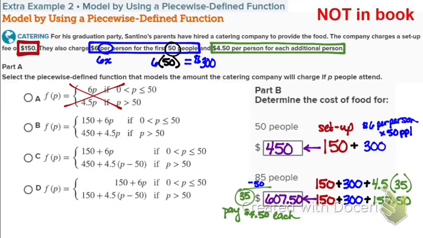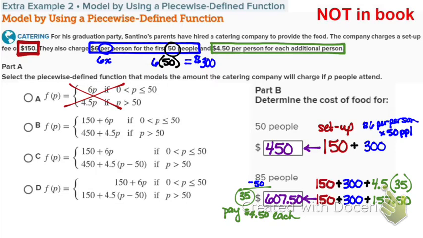Why is this one 150 then? That's the setup fee. Do we still have to pay for the first 50 people? Is this right here including paying for those 50 people? No. This one I can throw out too.